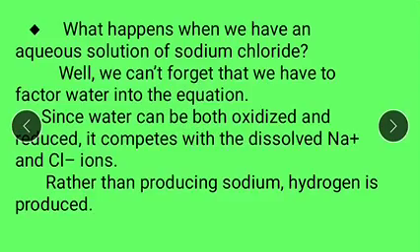What happens when we have an aqueous solution of sodium chloride? We cannot forget that we have to factor water into the equation, because water can be both oxidized and reduced, so it competes with the dissolved Na+ and Cl- ions.